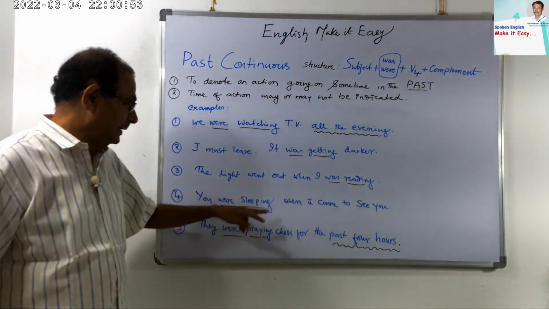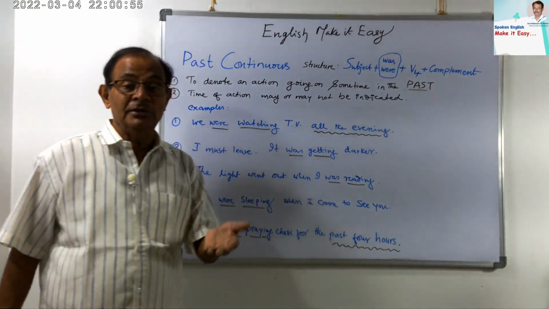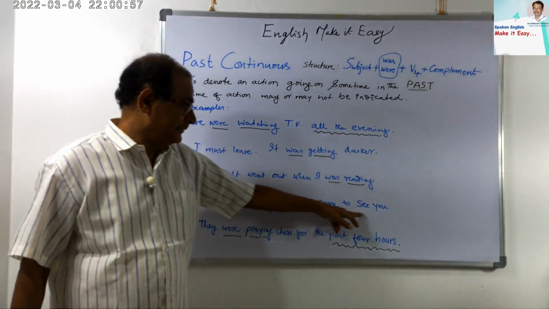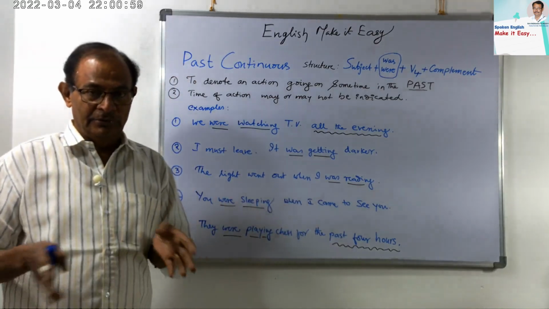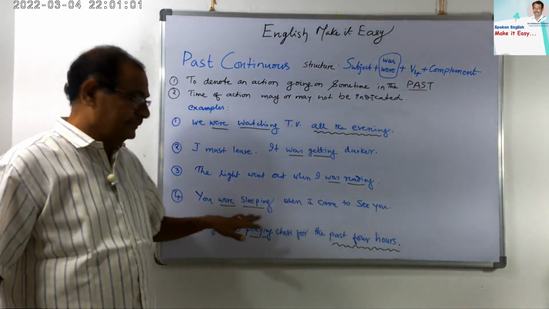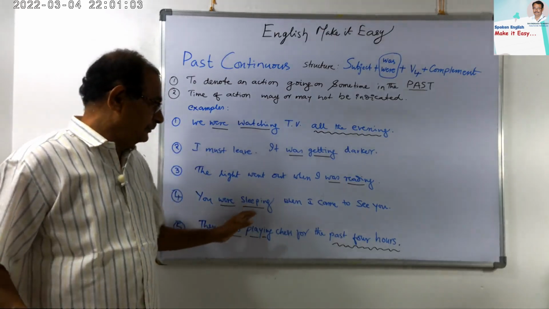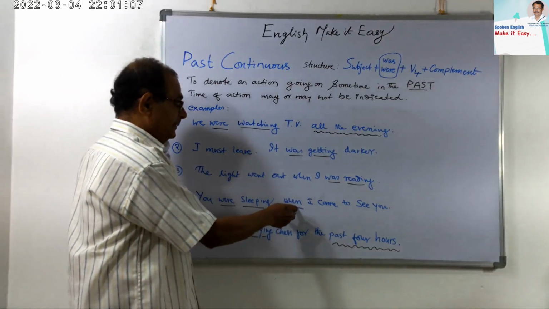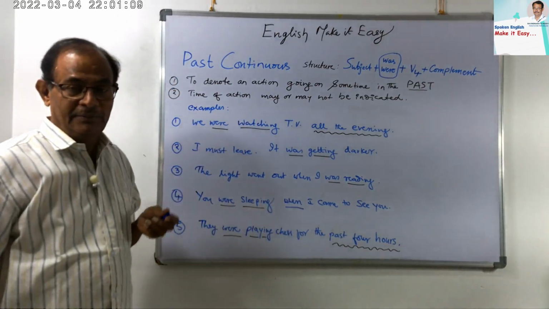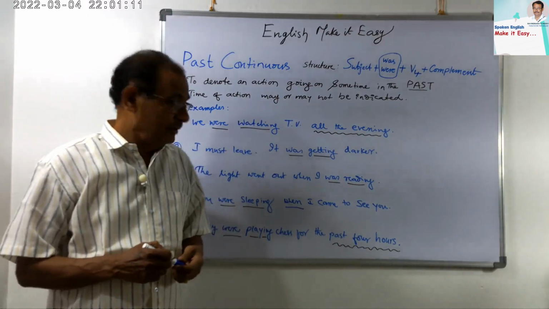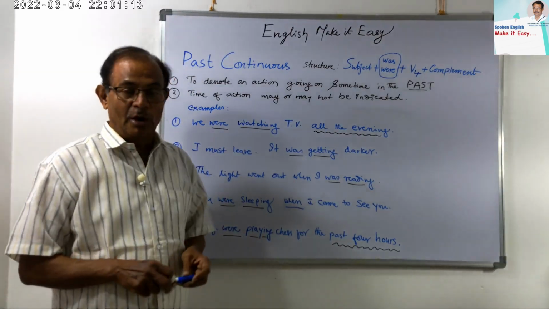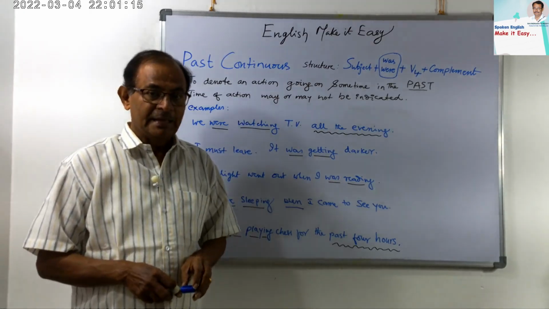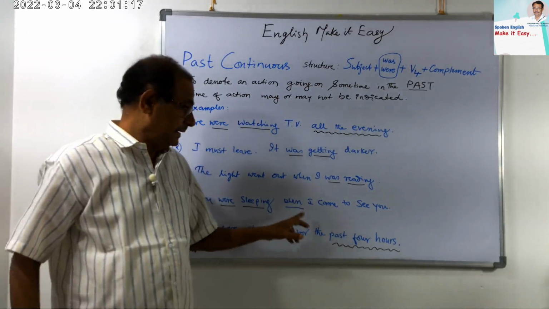You were sleeping when I came to see you. This is also a past action. I came to see you is one clause. You were sleeping is another clause. These two clauses are clubbed with when. This is a pronoun, sorry, a relative pronoun.